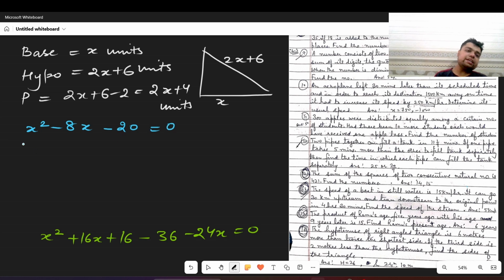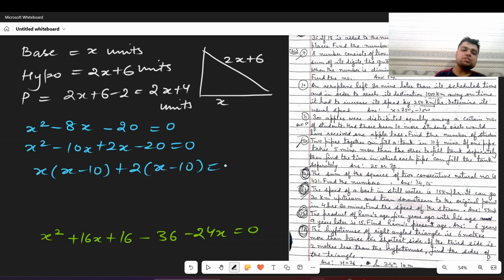And 2 tens are 20. I can write x square minus 10x plus 2x minus 20 is equals to 0. X common, x minus 10, and 2 common, I can take x minus 10 is equals to 0. I will get x minus 10 times x plus 2 equals to 0. So x is either plus 10 or minus 2.